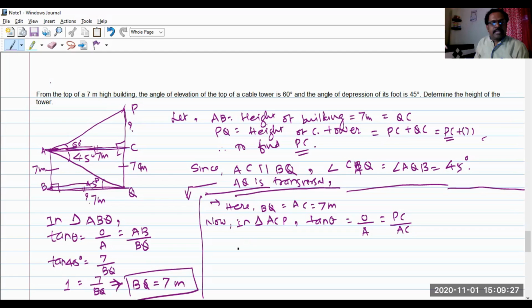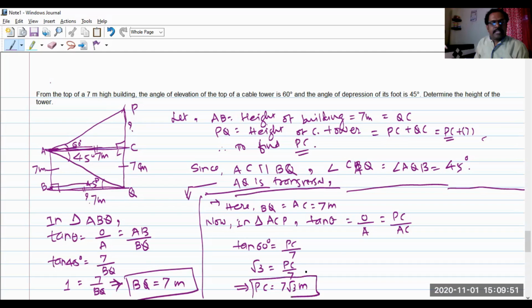Theta is 60 degrees, so tan 60 degrees equals PC, which we need to find, over AC, which is 7. How much is tan 60? Tan 60 is root 3. So root 3 equals PC by 7, or we can say PC equals 7 root 3 meters, right?